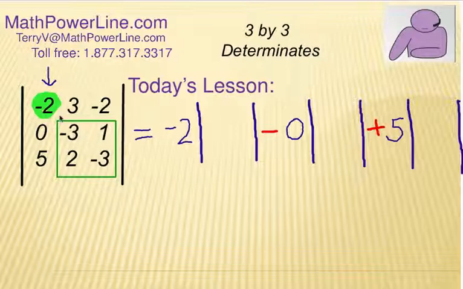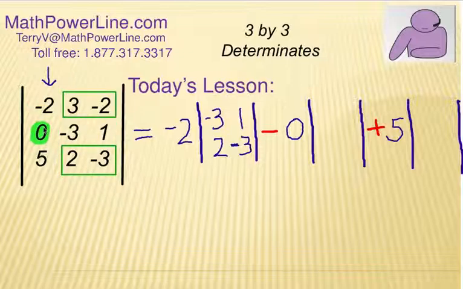In other words, if I'm focusing on the -2 and write it down as my first part of this 3x3 determinant, I ignore the row it's in, ignore the column it's in, and find the determinant of this group of numbers, which is a 2x2. So I have a -2 being multiplied by the determinant of the rest of these numbers. Again, focus on the number that goes on the outside and make a determinant out of the rest, which is in this green box. We'll work out that 2x2 determinant in just a moment.